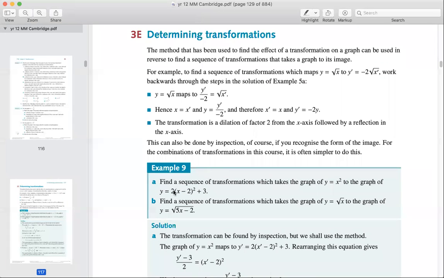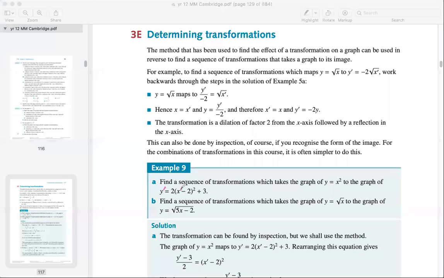So in here, it's just dash, dash, okay? So what I do is rearrange my new function, which looks like this. So I just rearrange: y dash minus 3 equals 2 times (x dash minus 2) squared. Then I divide by 2 on both sides, and I got this one.